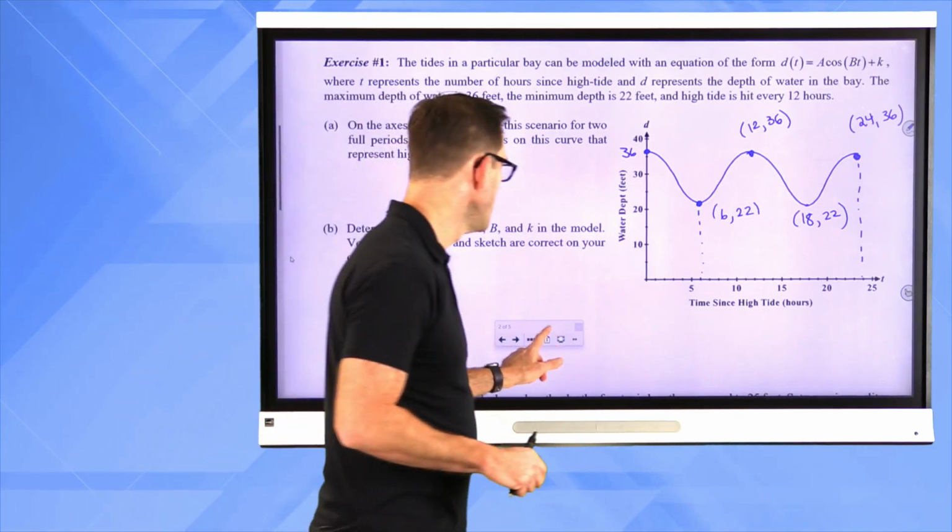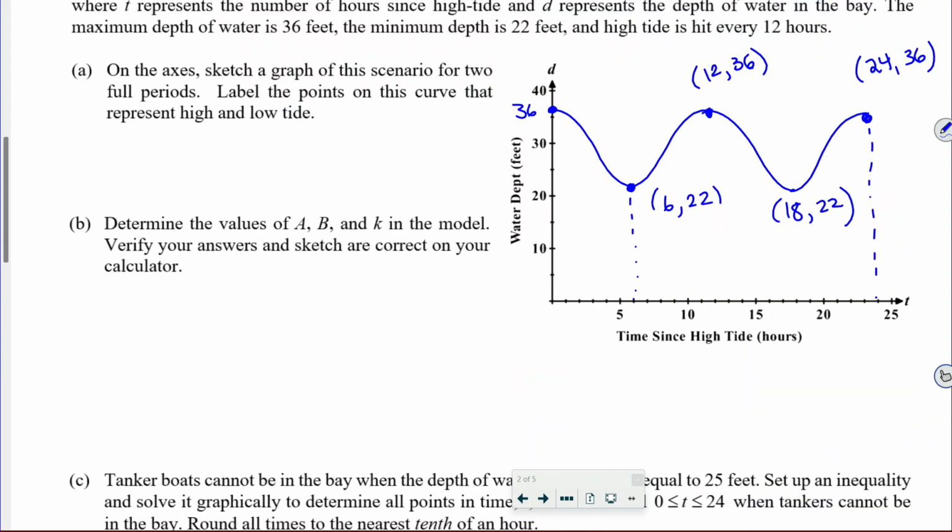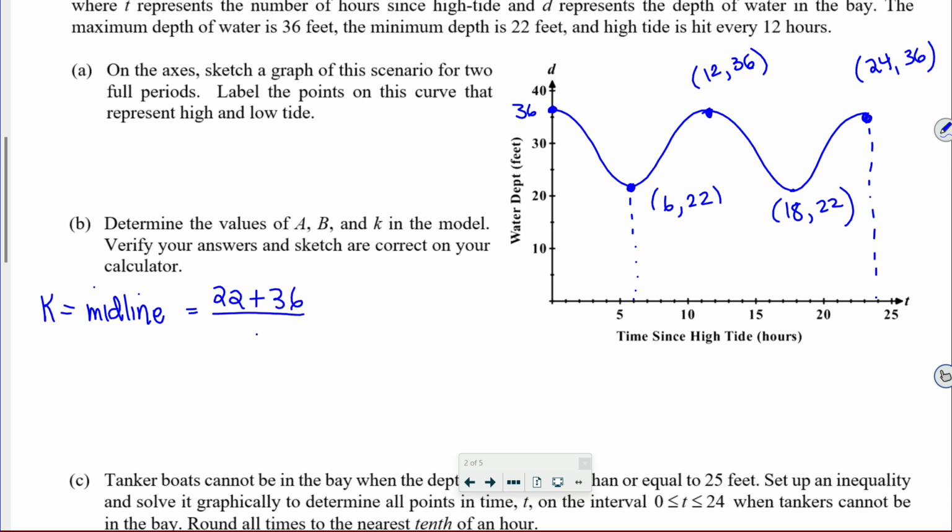Okay, let's do it. Let me move this out of the way. I always love starting with my K value first, you know that. So K is going to be my midline value. That's going to be my minimum plus my maximum value divided by 2. That's going to be 58 divided by 2.